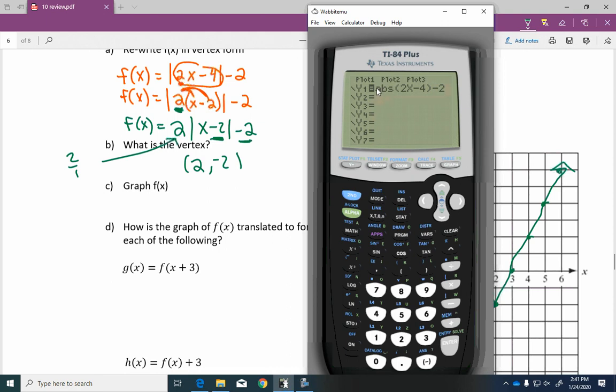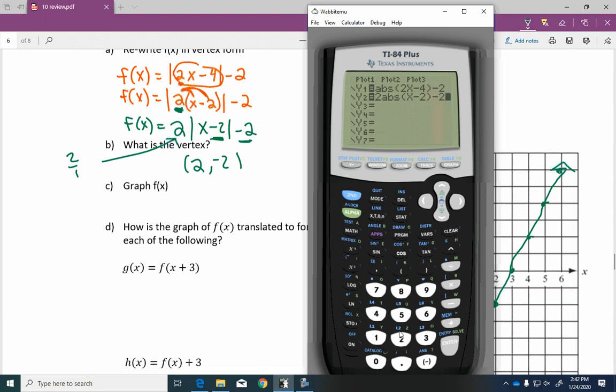In this same screen, I'm going to put what I think my vertex form is, which is 2 times the absolute value of x minus 2, and then minus 2 on the outside.